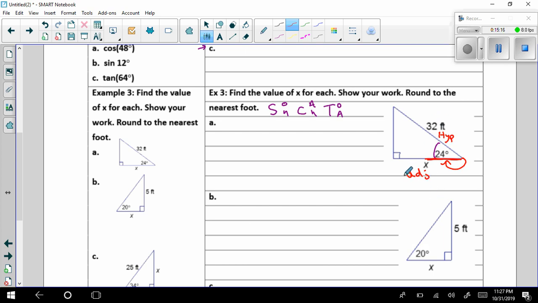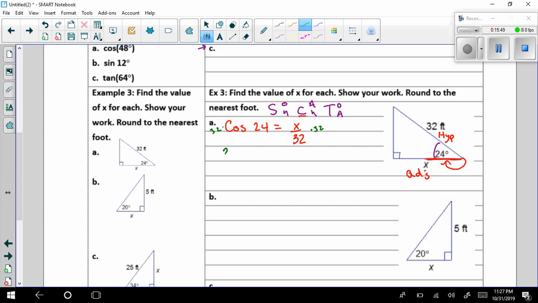In relationship to sine, cosine, tangent, adjacent hypotenuse is cosine. So we're going to say, okay, the cosine of our angle, the cosine of 24, is equal to adjacent over hypotenuse, so x over 32. Our goal here is to solve for x, so we're going to multiply both sides by 32.